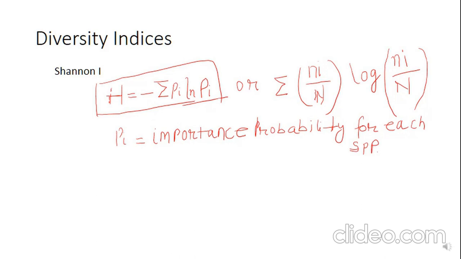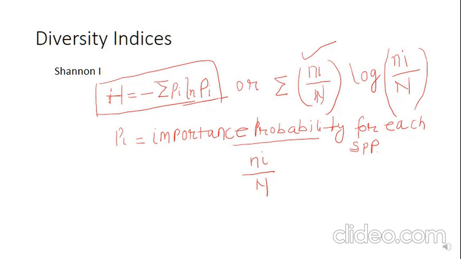What is this probability and how will we calculate it? It will come from this value, ni divided by N. So we need the value of ni divided by N here.